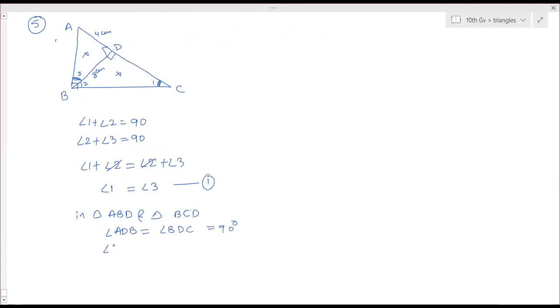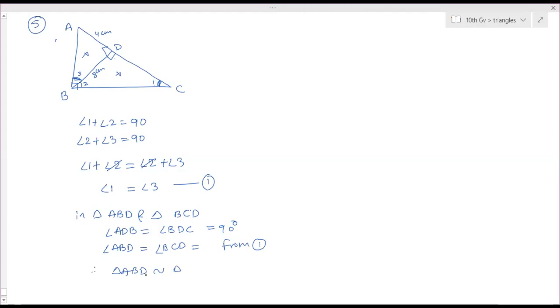And angle ABD, that is angle 3, is equal to angle 1, that is BCD, from 1. Therefore, triangle ABD is similar to triangle.